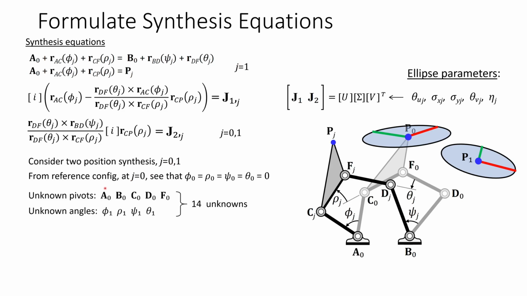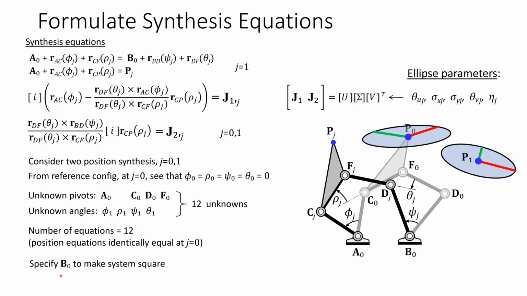Our unknown variables then are the 10 coordinates of the 5 unknown pivot locations in a reference configuration and 4 angle displacements in the second position, the j equals 1 position. That's 14 unknowns, but the number of equations we have is 12. So we go ahead and specify one of the fixed pivots, B0, yielding a square system of 12 unknowns and 12 equations.